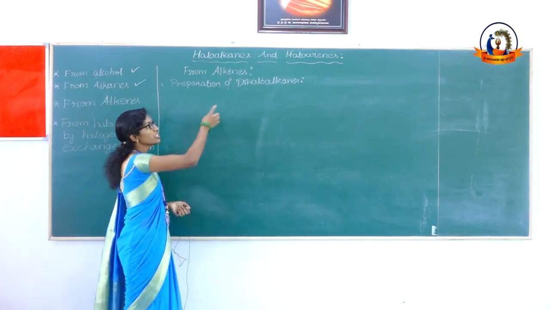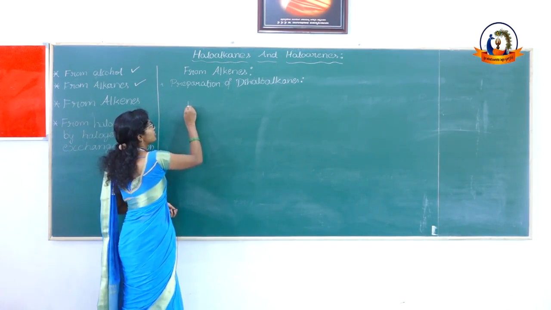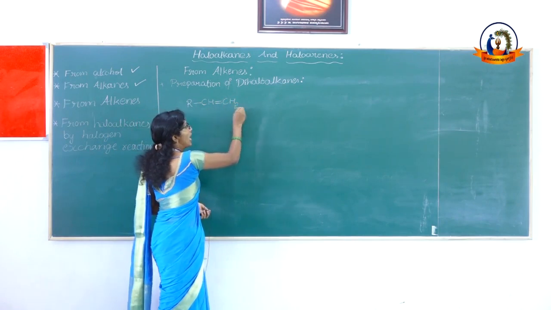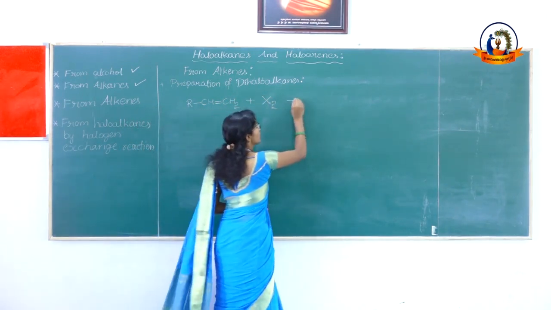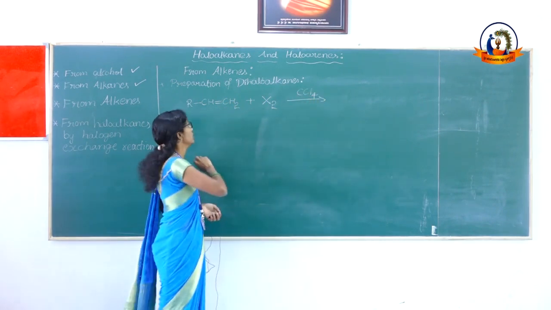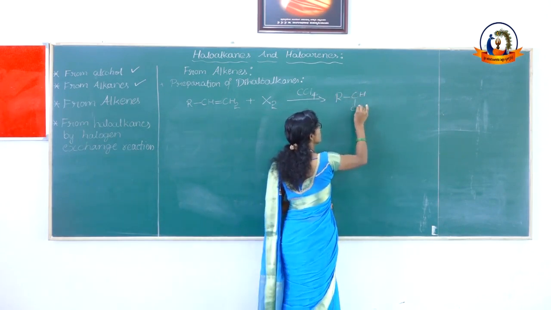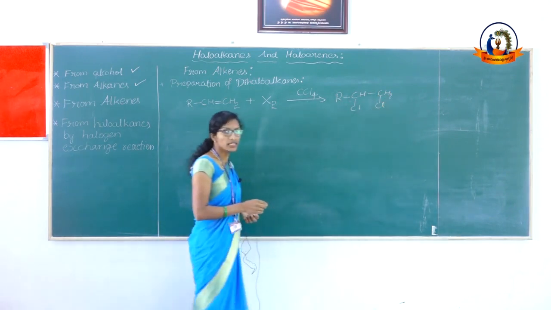Next one, preparation of dihaloalkanes. Here, alkene reacts with halogen in the presence of carbon tetrachloride. It gives dihaloalkanes.